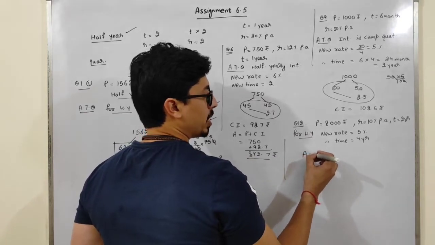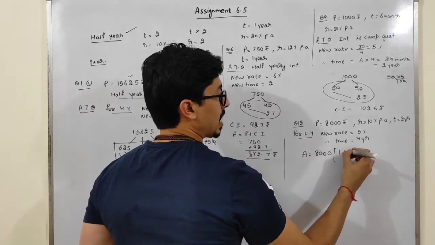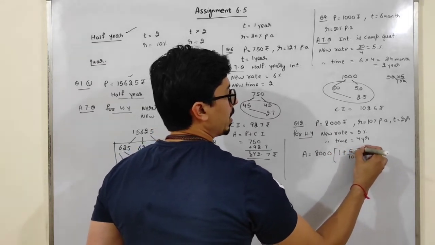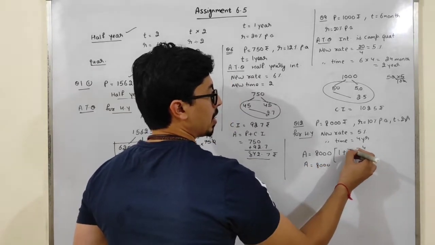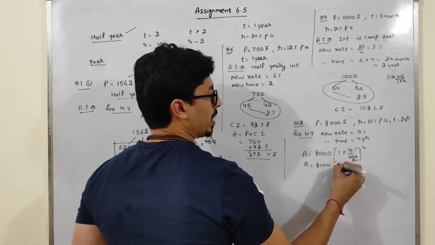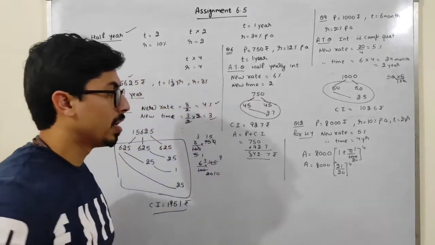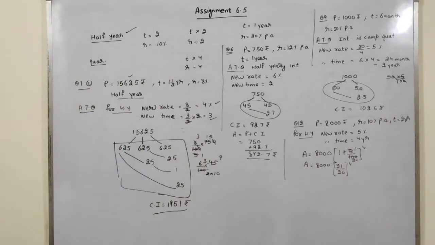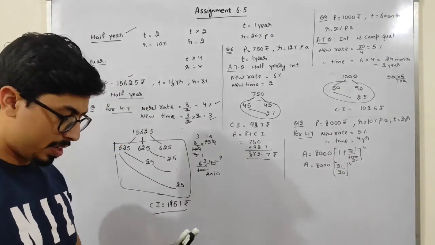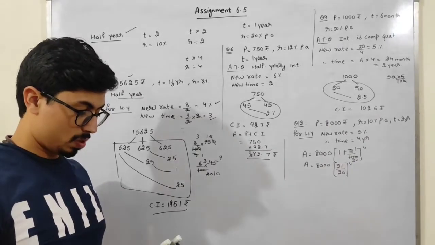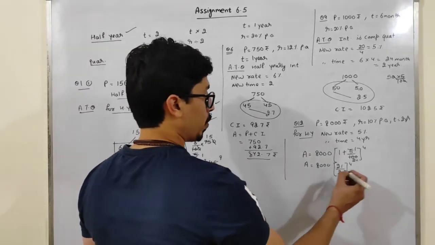So just do one thing. Apply the formula. A is equals to P, P is this, (1 plus R upon 100) raised to power this. So this will be 8,000 times 21 divided by 20 raised to the power 4. Now if we calculate this, students, what we will get? 21 raised to the power 4 is 194481.